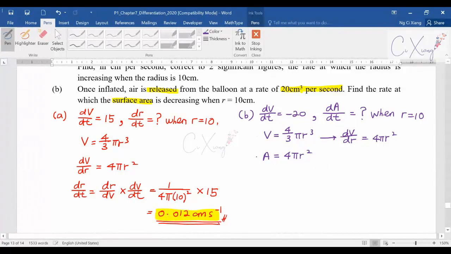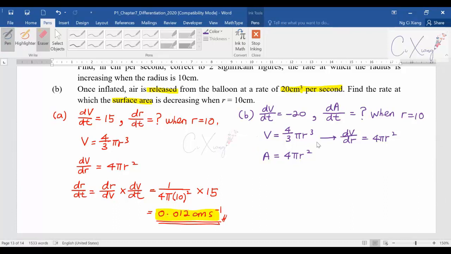Some students will substitute A into this equation, combine V and A together and make the R disappear, so V and A are in the same equation. That's one method, but I found that the R will have some fractional power, so I don't like it. I want to keep it simple.